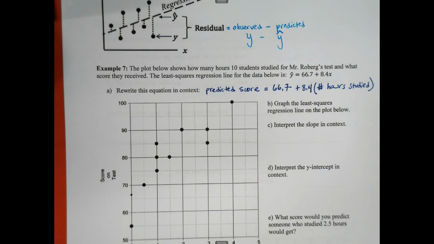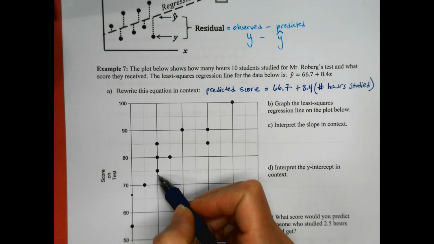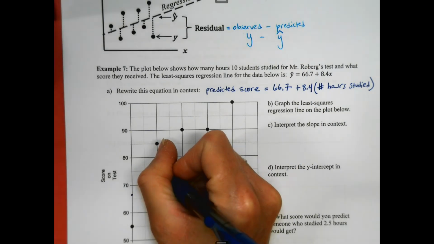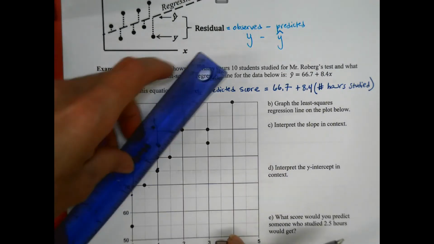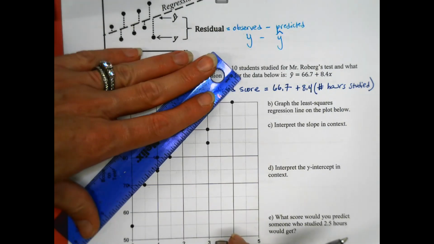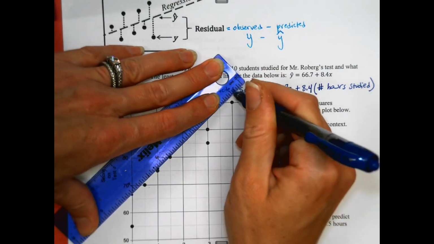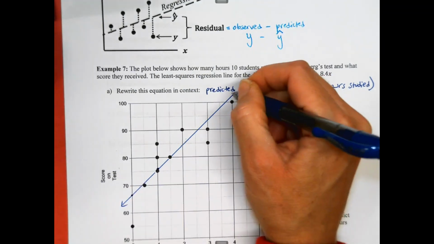So from there, I'm going to use my slope and go up 8.4 and over 1, and we're going to be at about 75.1. So just about where this other point is. And then I'm going to use a line to connect my points. And there is my least squares regression line.